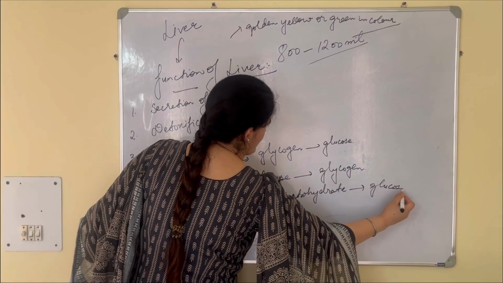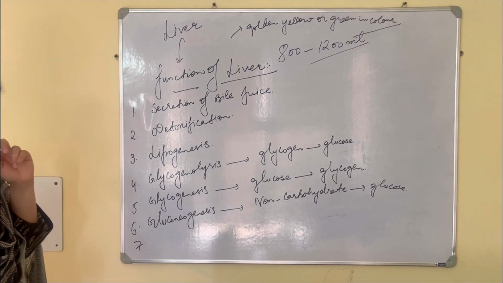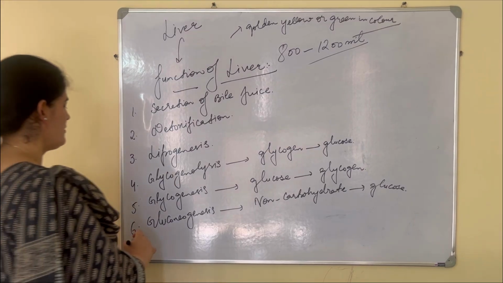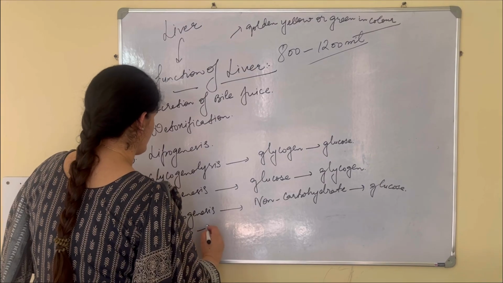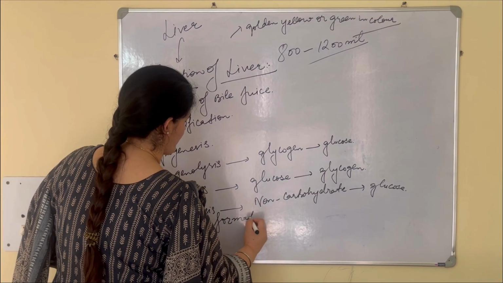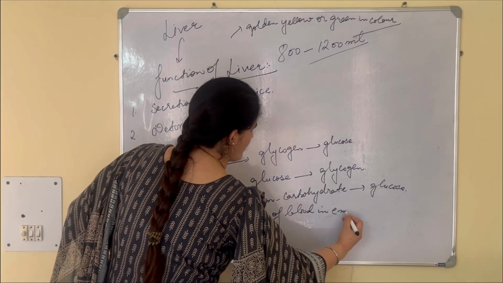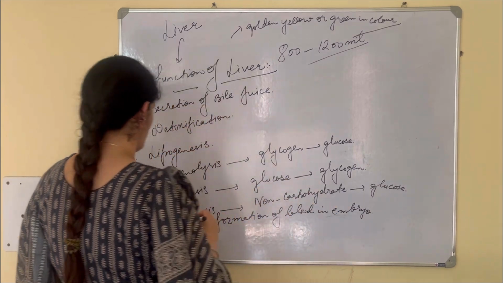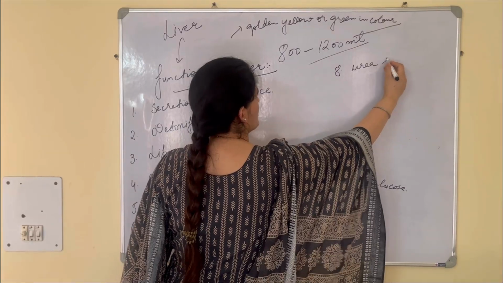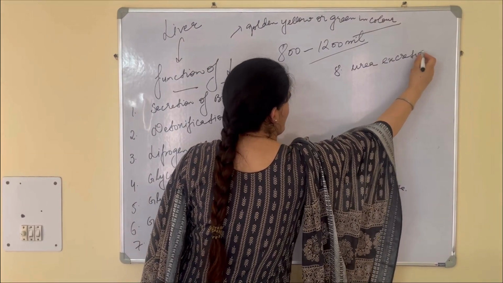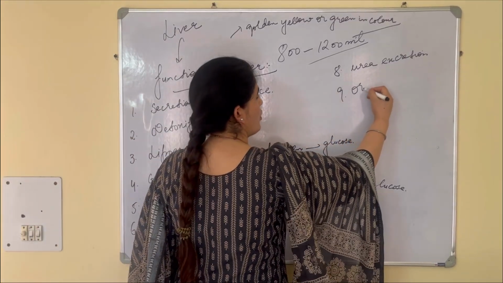The liver also helps in hemopoiesis, the formation of blood in the embryo. And the liver helps in urea excretion, through the ornithine cycle.